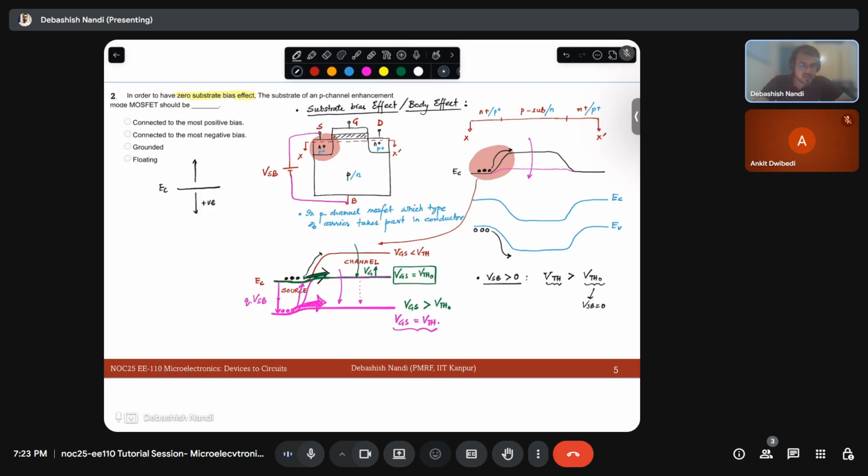If I have a positive VSB, then I need to increase the gate voltage more. I need to put more effort into the gate voltage to get the level of inversion or to form the channel. Fine. So this is what is called your body effect.